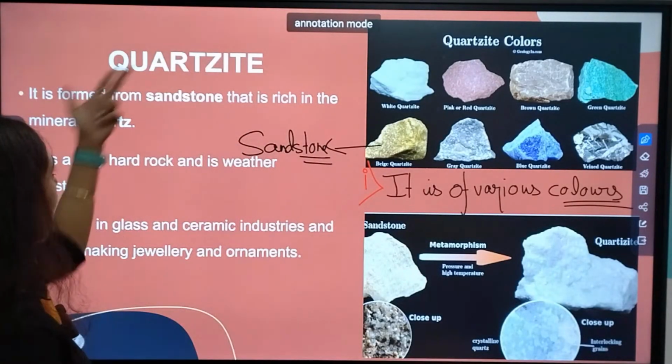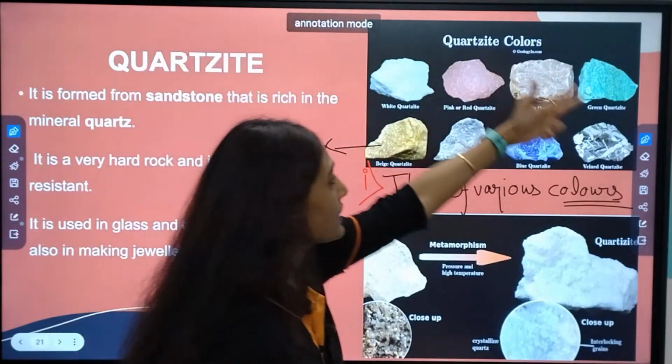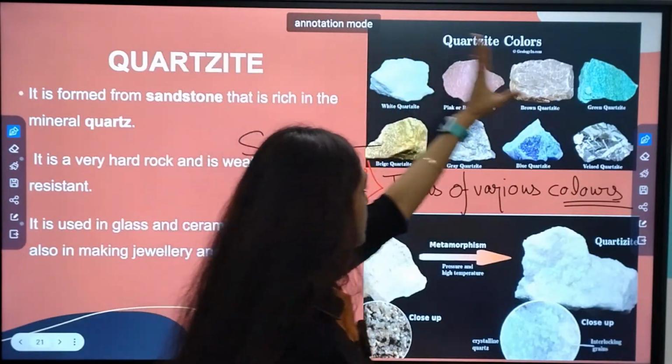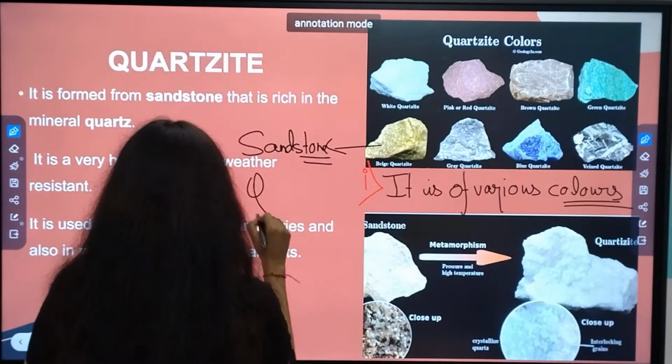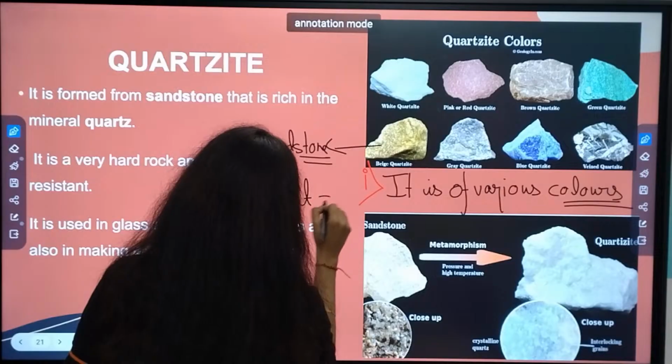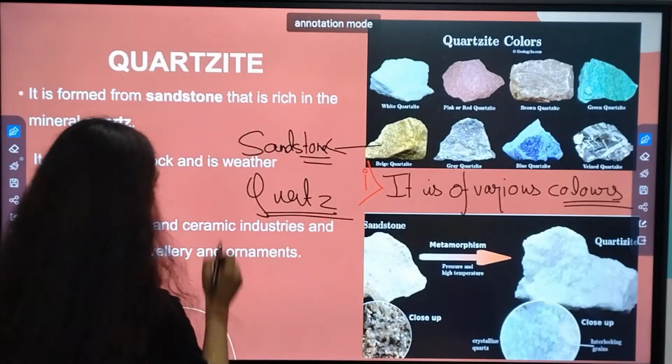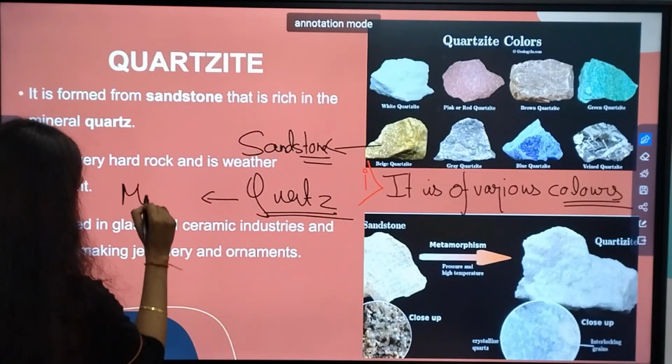Okay, quartzite is rich in what? Which mineral? And that mineral forms different colors. It is nothing but quartz. Okay, mineral is quartz.